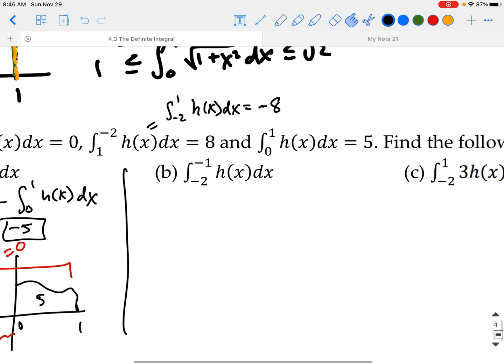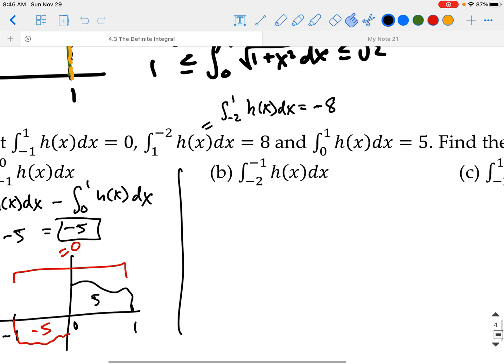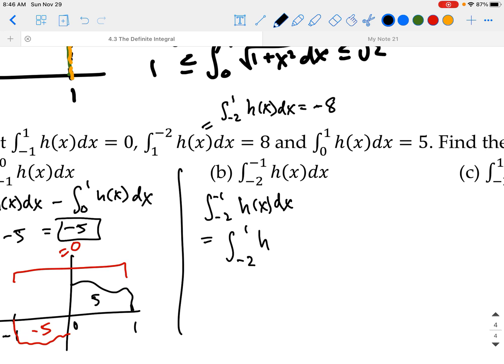All right, so for b, we've got the integral from negative 2 to negative 1. So the integral, let's use smaller font here, negative 2 to negative 1, h of x dx. So that's going to be the integral from negative 2 to 1 of h of x dx, that middle integral.